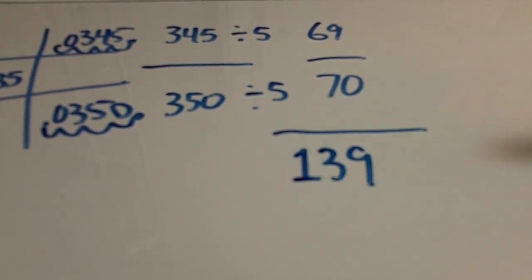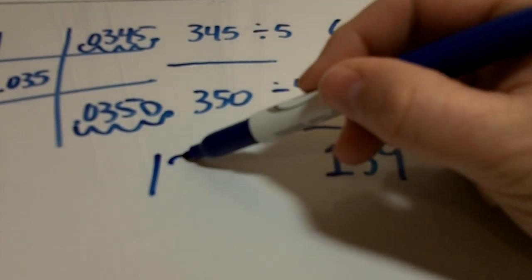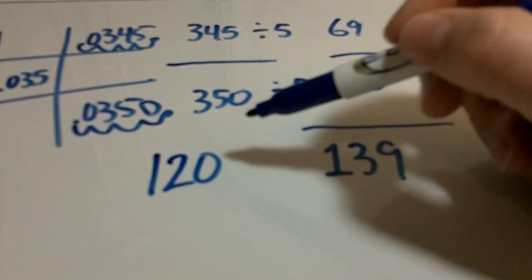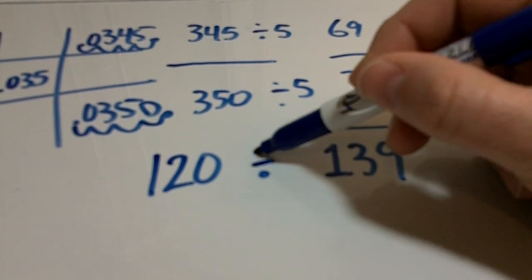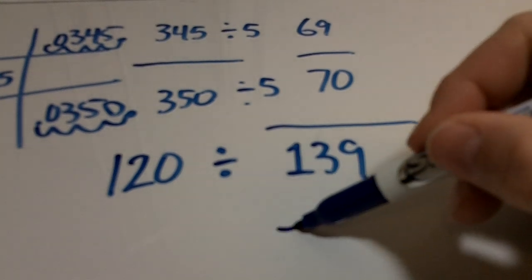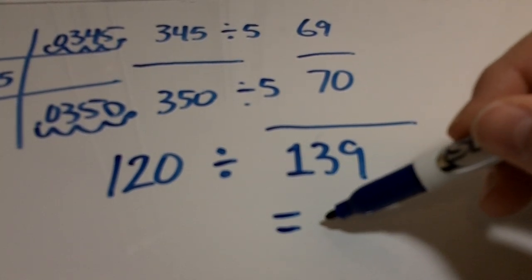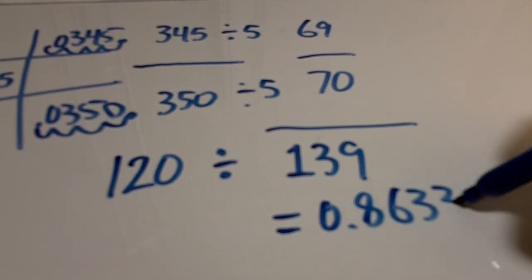To figure out what each part is, we'll take our total volume, which is 120 milliliters, what the question asked for, and divide it by 139 parts. What that gives us is 0.8633.